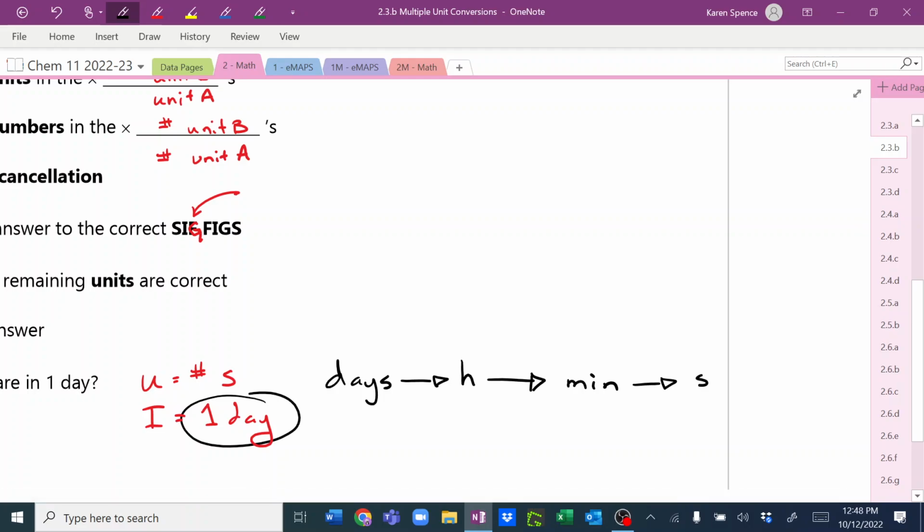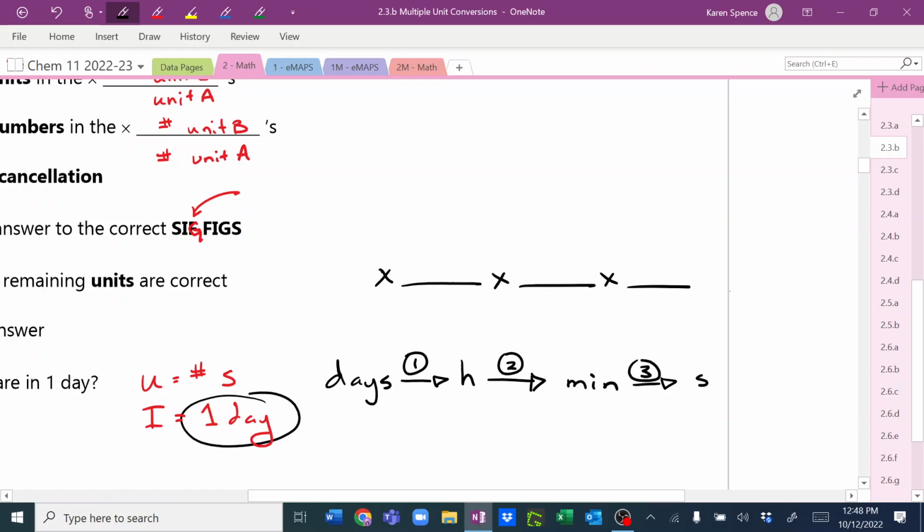How many steps will I have? How many different conversions? 3. I'm going to have 1, 2, 3. So when I'm actually doing my calculation, I'm going to have 1, 2, 3 conversion factors like that. Yeah, so that's what it's eventually going to look like.